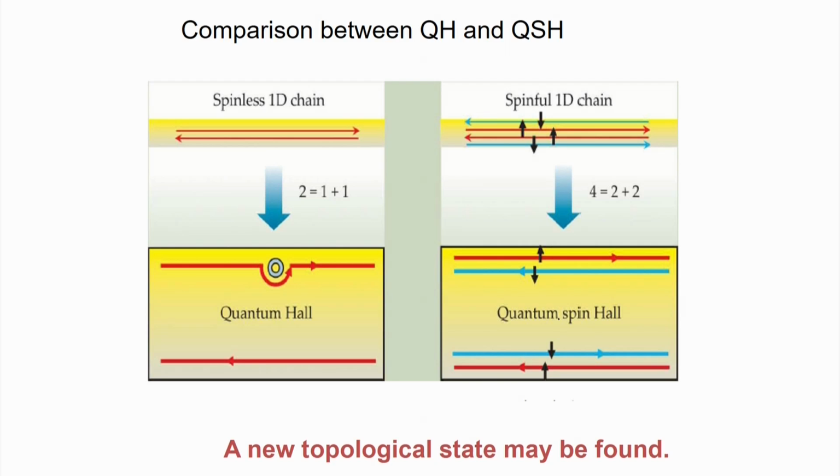And the same thing, the dimension just goes up from 1 to 2 or 2 to 4, so that we have these spinful conditions coming in, where there will be helical edge states that are going to propagate on two edges of the sample. So, there is only one state at the edge in quantum Hall, while there are two states in quantum spin Hall. So, quantum Hall has one per edge and quantum spin Hall two per edge. So, we will stop this discussion.